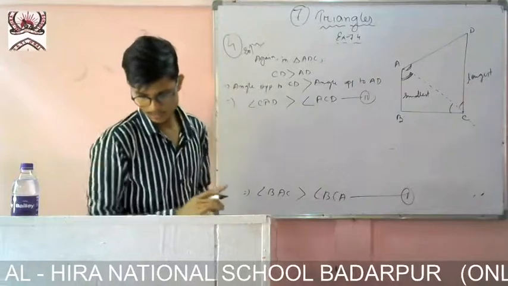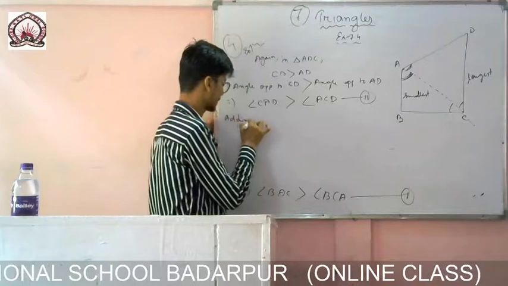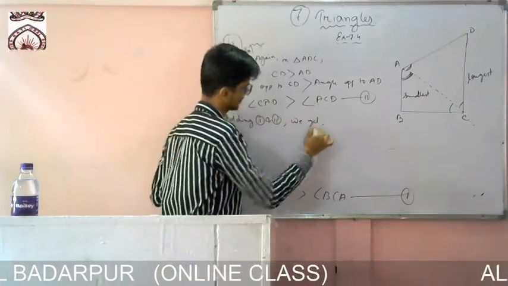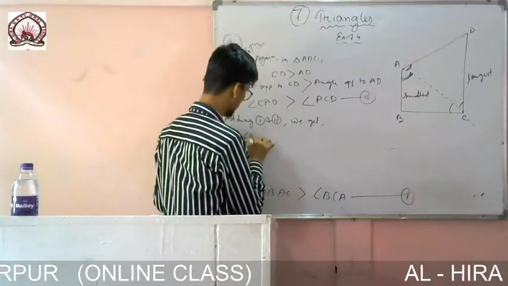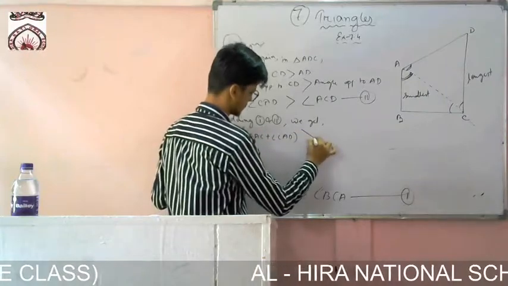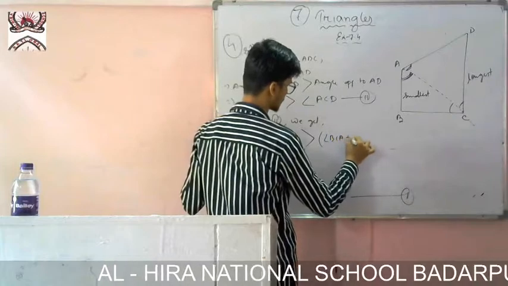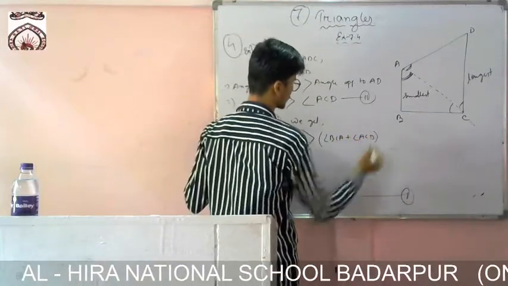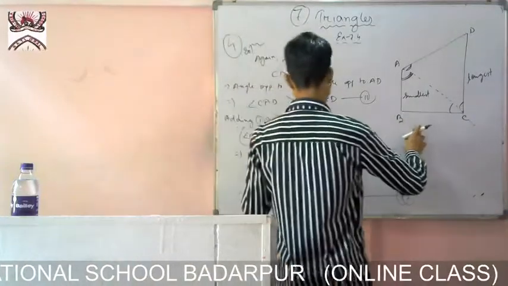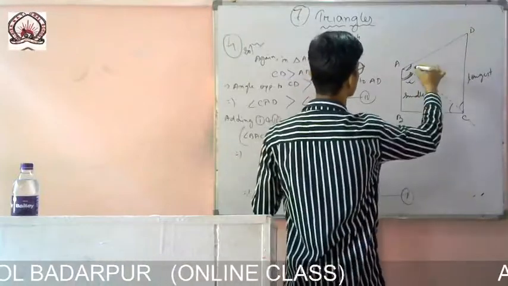Now I will simply add them and I will get my answer. So adding 1 and 2, angle BAC plus angle CAD is greater than angle BCA plus angle ACD. See very carefully: angle BAC, that means this angle, plus angle CAD, that means this angle.